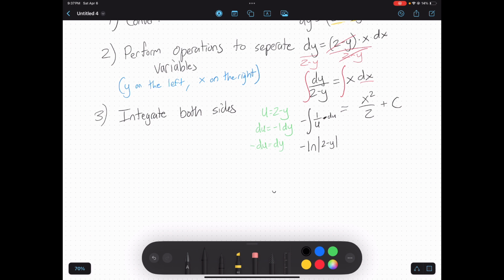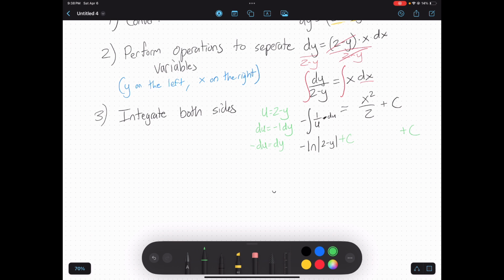Okay, now I didn't mention this earlier. I did put a plus c, right, after my x squared over 2 because I'm taking an indefinite integral. You should always have a plus c. Do I need to do that on the left side as well? Well, I could. It's always a good idea because I took an antiderivative of the left side as well. But if I have an arbitrary constant on the left side and an arbitrary constant on the right side, I can combine those together just by subtracting.